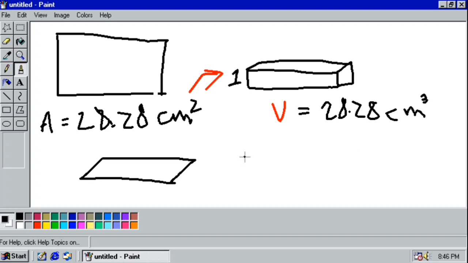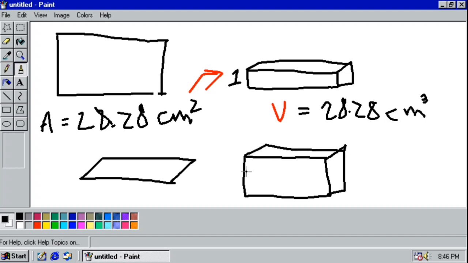Now let's say we added even more volume than that. Let's say we added 3 high. So now we have a height of 3 for the area figure. So we're going to multiply 28.28 by 3.